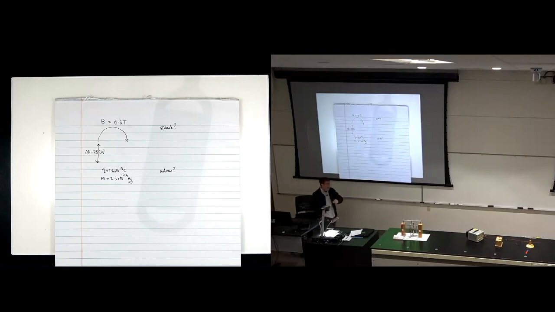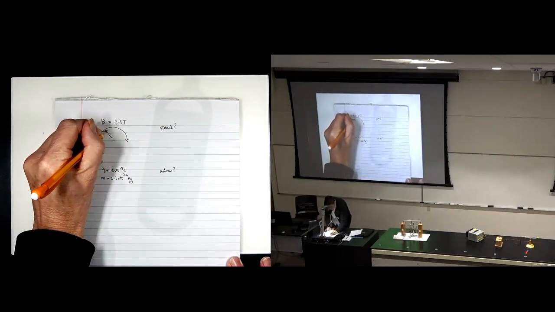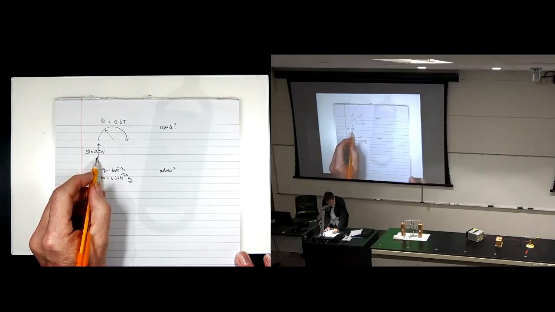I want to figure out the radius of the particle in the magnetic field. So that's this region here. That's what I want to figure out. But actually, to do that, I'm going to need to know the speed of the particle. The speed of the particle that was accelerated by this electrical potential hill here.